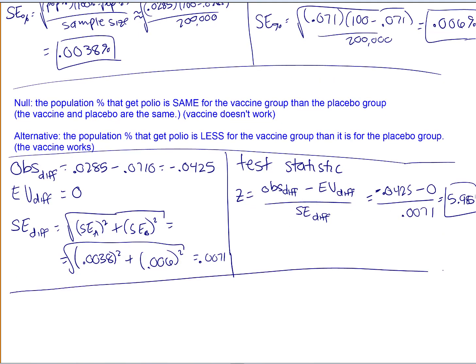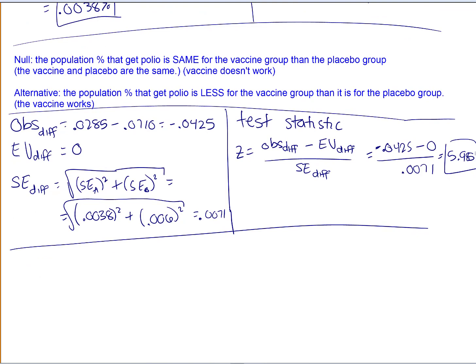We should be getting a small p-value. Oh, excuse me. This was a negative 0.425. I forgot to put that in my calculator. So it should be negative 5.98 for my test statistic. For my p-value, because we said it should be a less than, we're looking in our left tail.